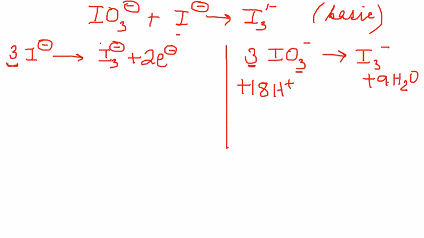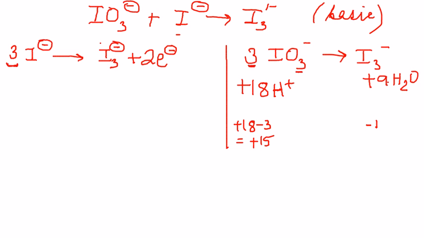Now when you look at what you have, 18 protons on the left hand side, you have 3 negative charges, so plus 18 minus 3, which is plus 15 charges on the left hand side, and you have 1 negative charge on the right hand side.